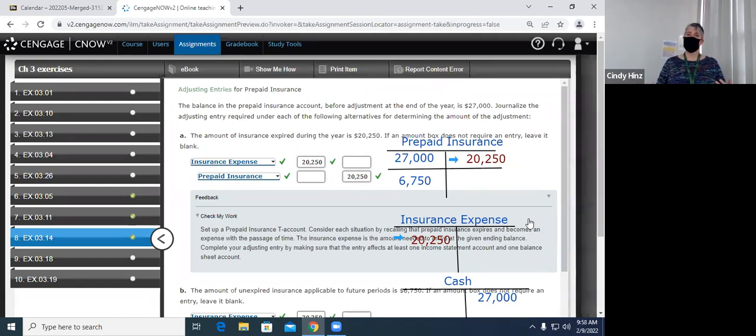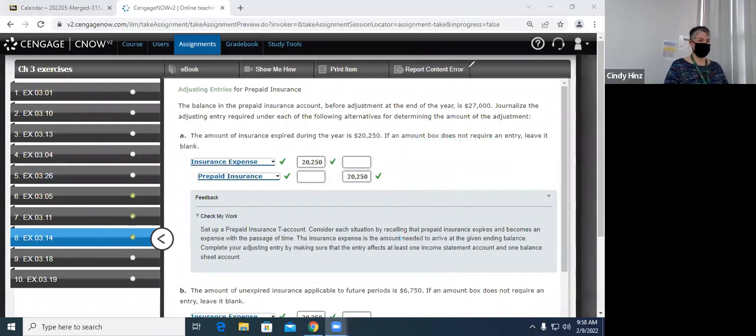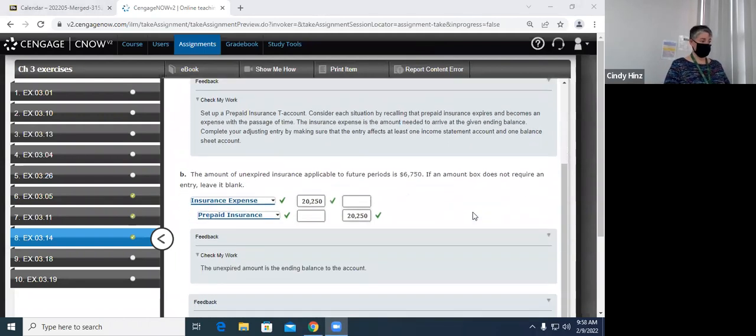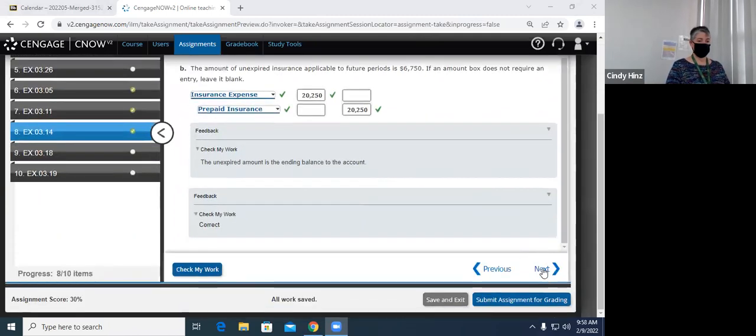I would either look at the policies that had lapsed or look at what we had left, and whichever was the easier to calculate, that's the number I would come up with and do the entry from there. It's not about being lazy, it's about being efficient. If there aren't any questions, we're going to keep going.